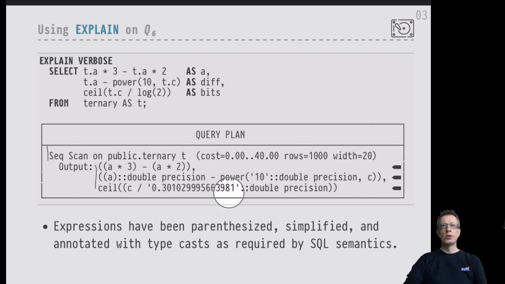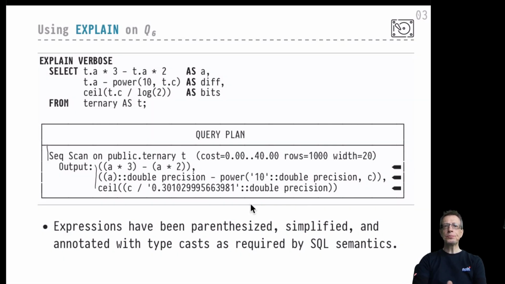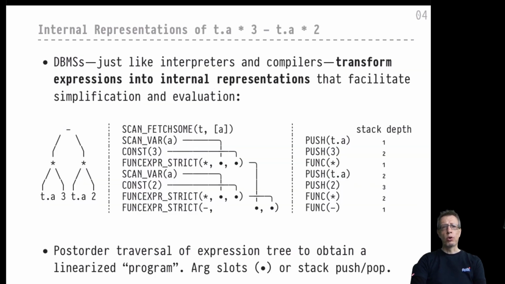All right, so explain gives us an insight into the internal representation of queries, but if you had a closer look at the real internal representation of arithmetic expressions, then you would probably find something else. So let's have a look at possible internal representations of expressions inside such a system.